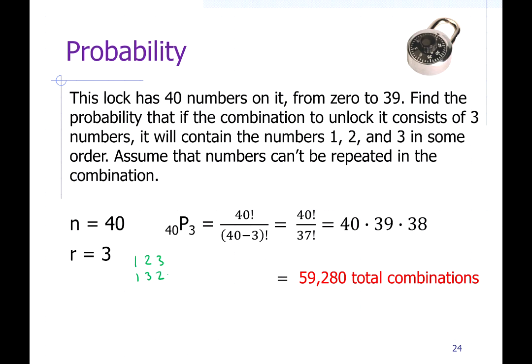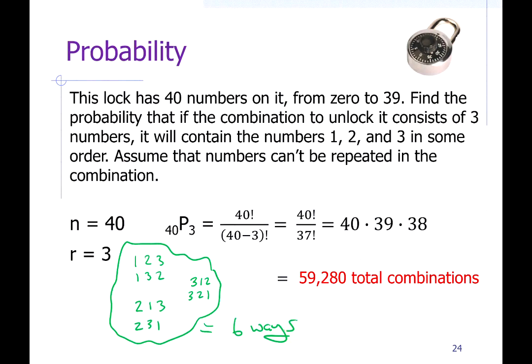Those are the only ways you could start with a 1. What about starting with a 2? 2, 1, 3, or 2, 3, 1. Those are the only ways you could start with a 2. And let's say it starts with a 3. 3, 1, 2, 3, 2, 1. So it looks like there are 6 ways the combination could possess the numbers 1, 2, and 3.